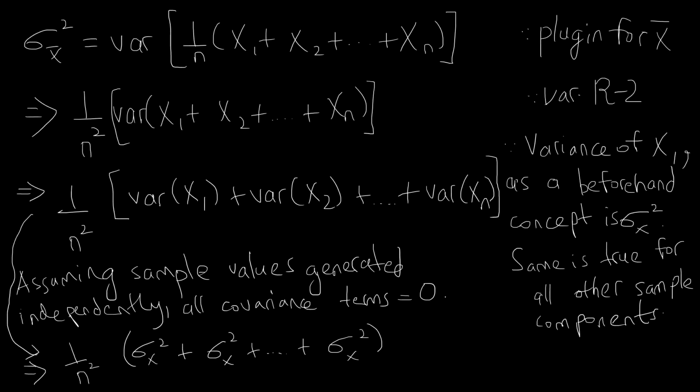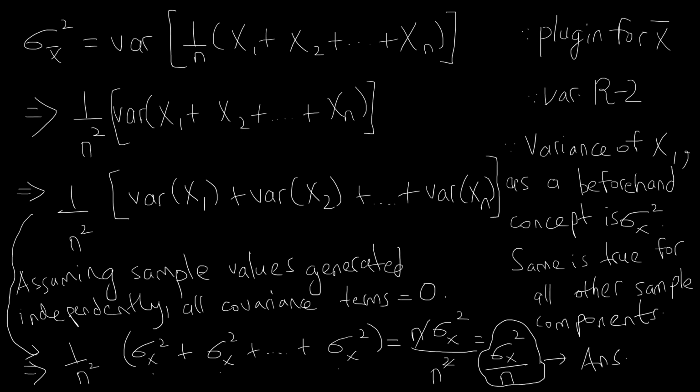So this is now equal to n times sigma squared x over n squared. Because we have this same term sigma squared x n number of times, we can just write n times sigma squared x, and the n will cancel out, and this will just leave us with sigma squared x over n, and that is our answer.